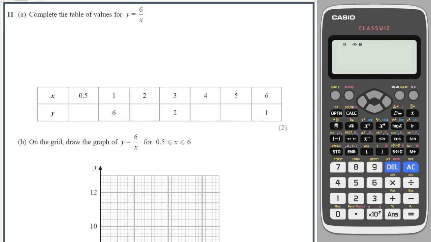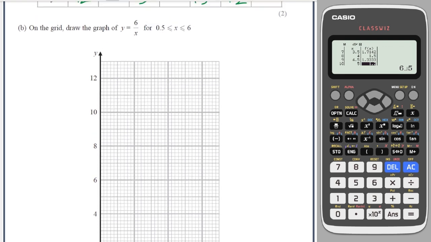We press equals, and 0.5 is 12. And the next one is 2, which is 3. And then the next one down is 3, which is 2. We know that already. 4 is 1.5. And 5 is 1.2. Great.